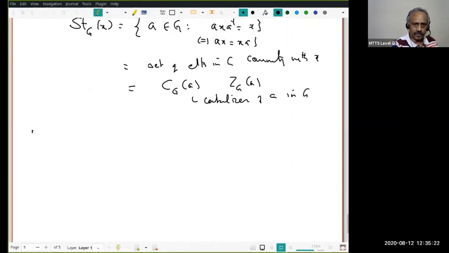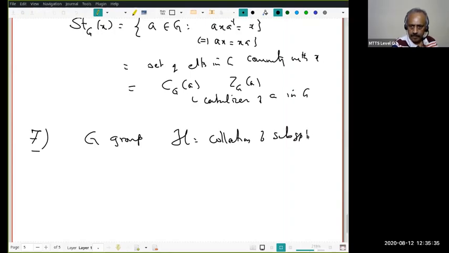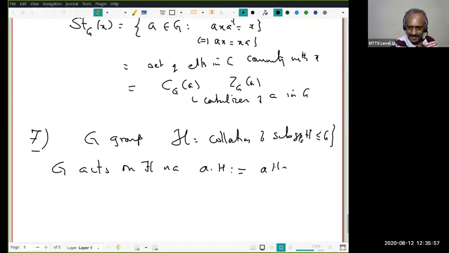Let us look at one more example. Now let G be a group, and let H be the collection of subgroups H of G. Now I let G act on H via the action A dot H, where H is a subgroup in this family, which by definition is A H A inverse, not the left coset.